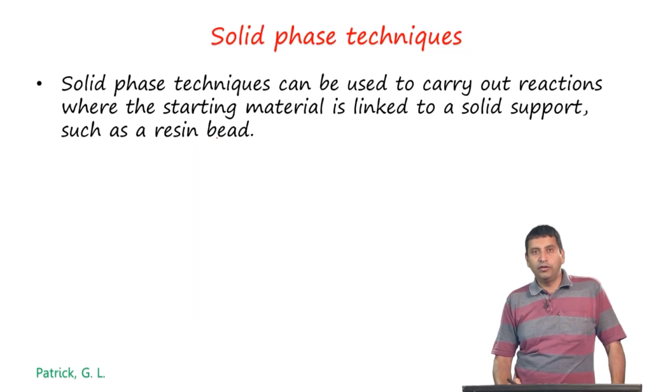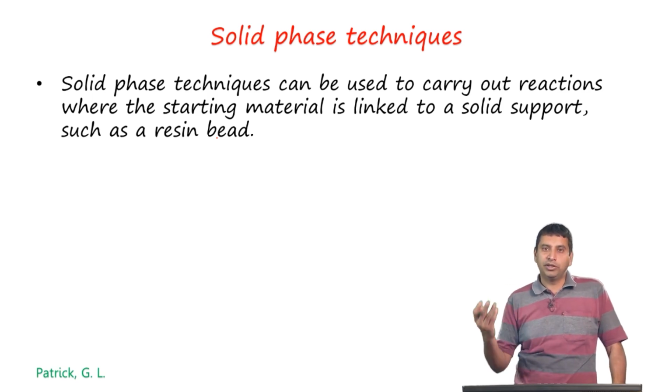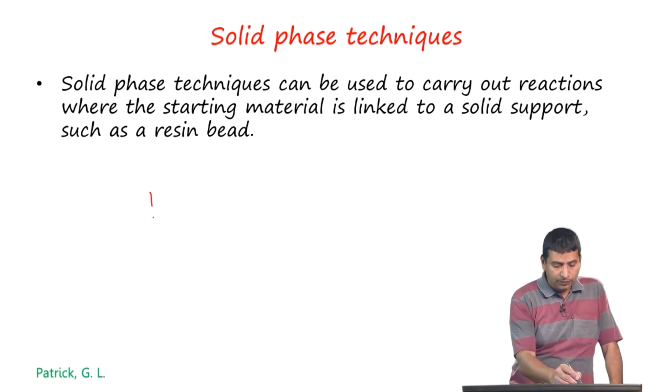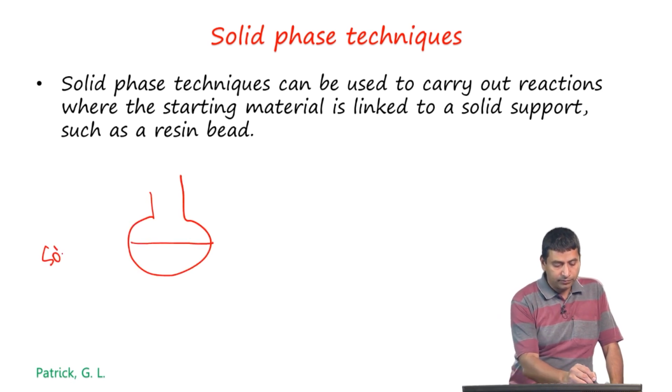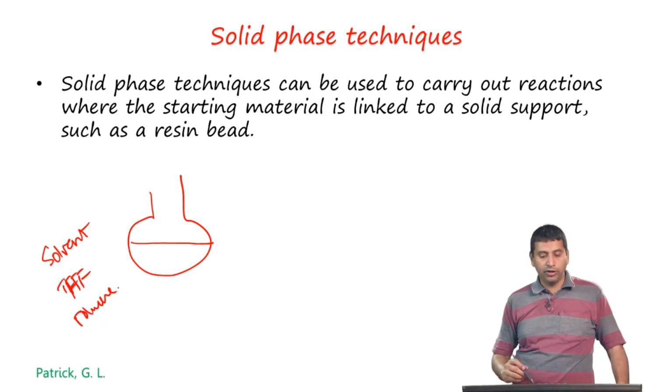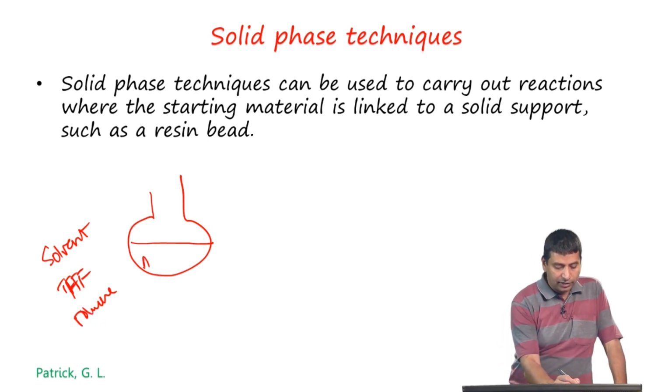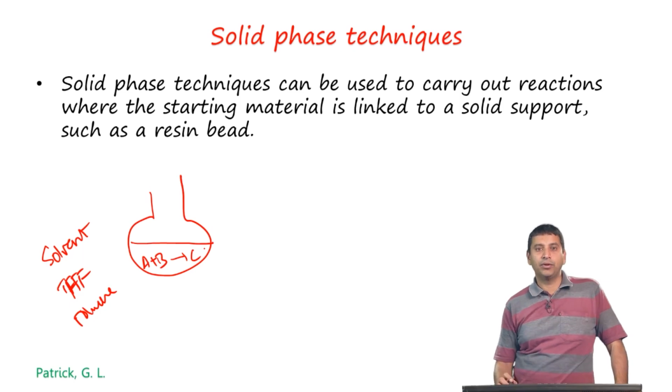Okay. So, solid phase techniques are something that many of you may not be aware of. All the reactions that we normally carry out are in liquid phase. So, in this liquid phase you have a solvent, let us say tetrahydrofuran or toluene, and then here you add your reactants, A plus B, let us say, and now you will get C. Okay.